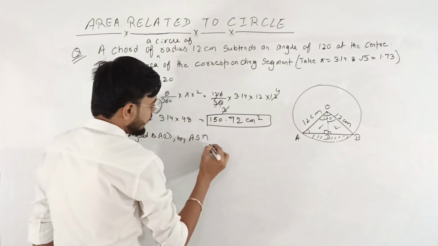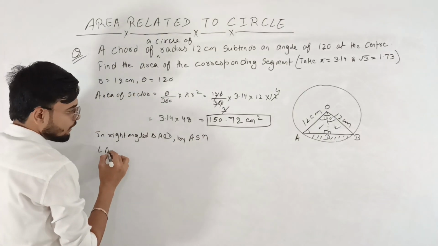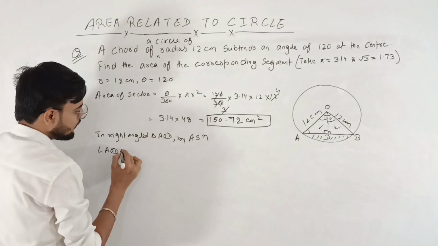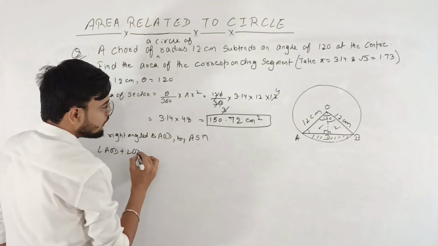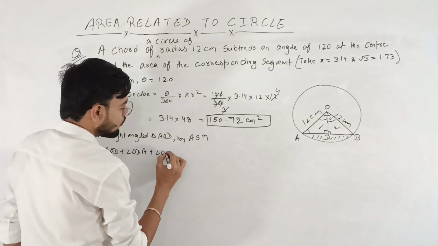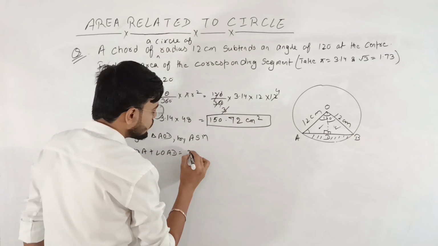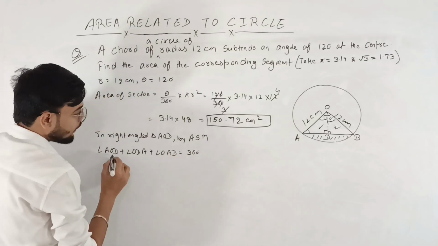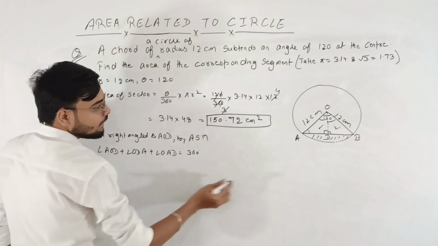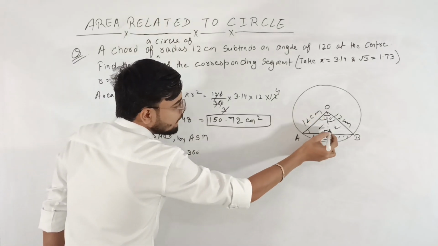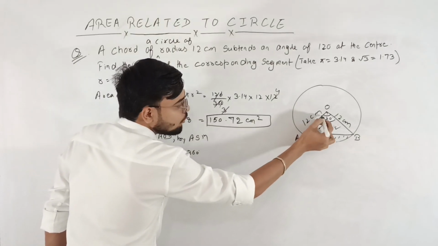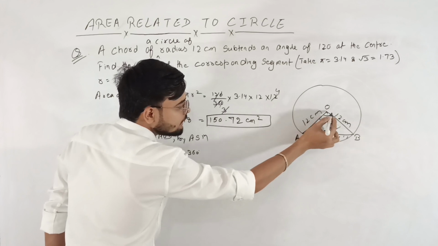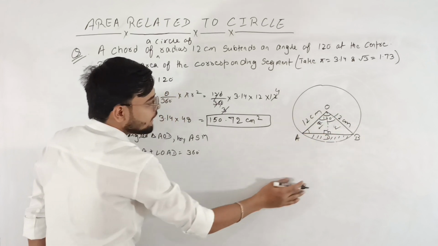By ASM, that is angle sum property, angle AOD plus angle ODA plus angle OAD is equal to 180 degrees. Now angle AOD is 60 degrees. Why? Because the whole angle is 120. Now this OD bisects this angle AOB, so this is 60 degrees. Now this is 90 degrees.